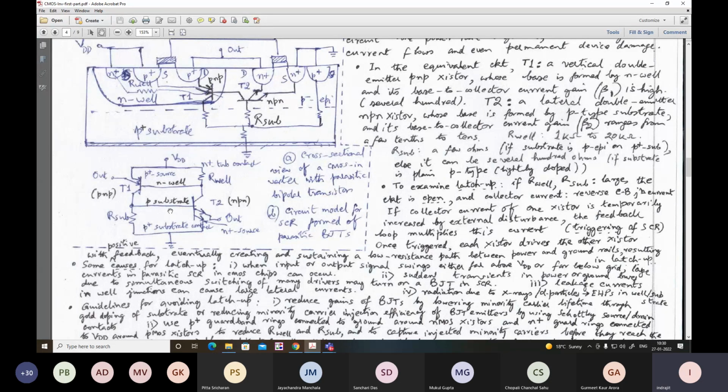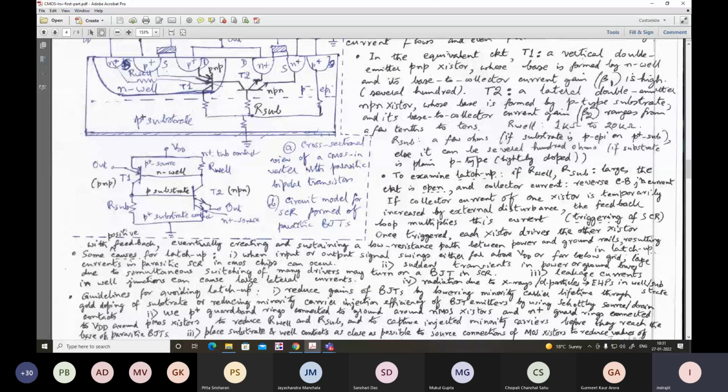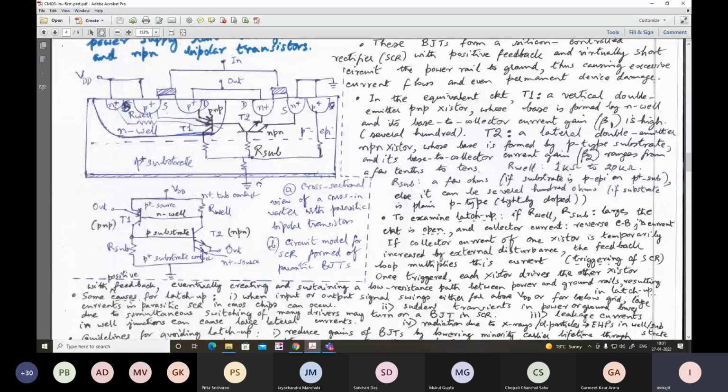Now, in general, the collector currents of T1 and T2 are not dominant in normal operation. The BJT effect is quite insignificant in normal operation. But something can take place, like a sudden increase; the latch up can happen in different ways.